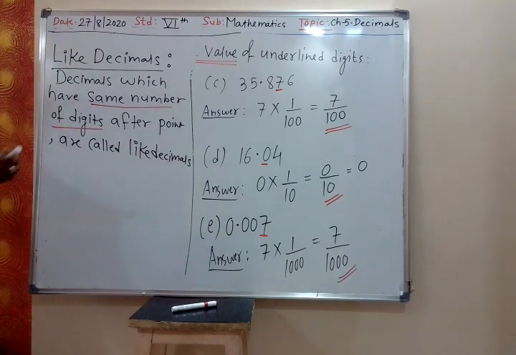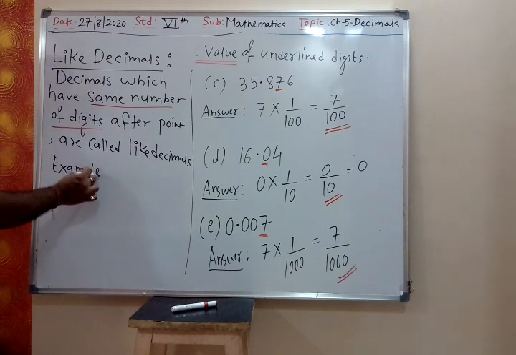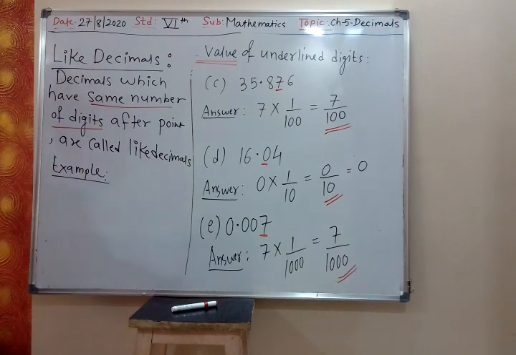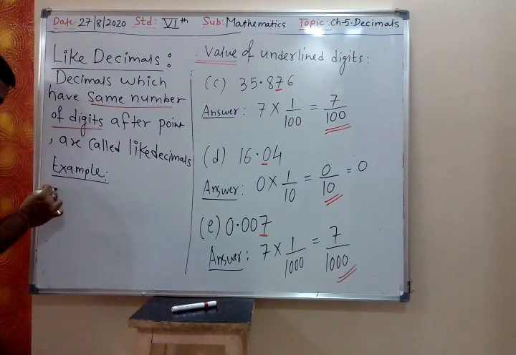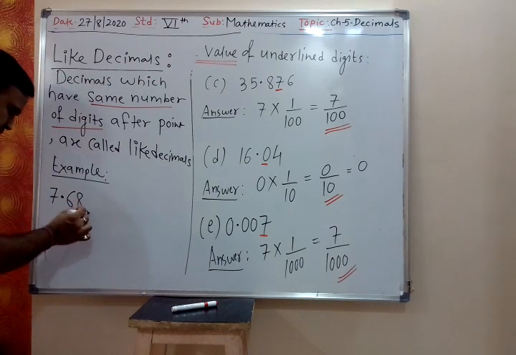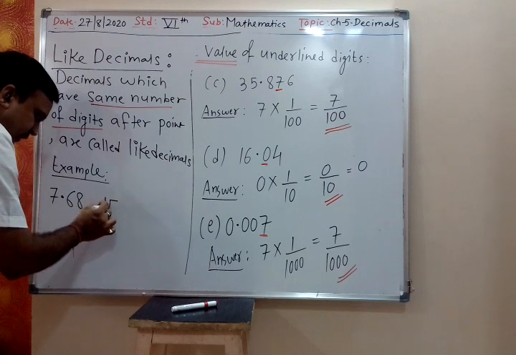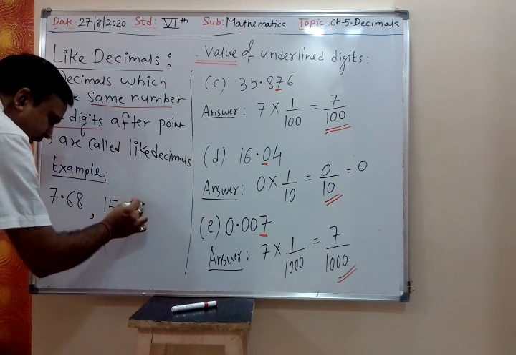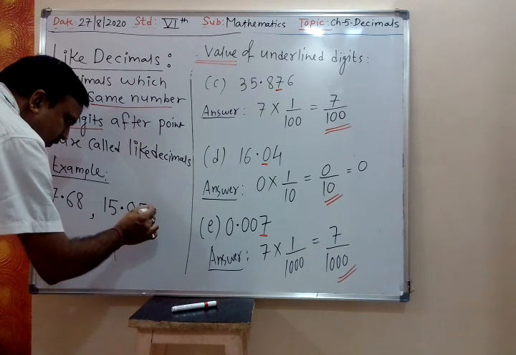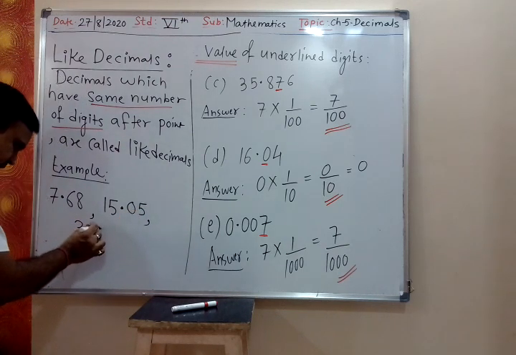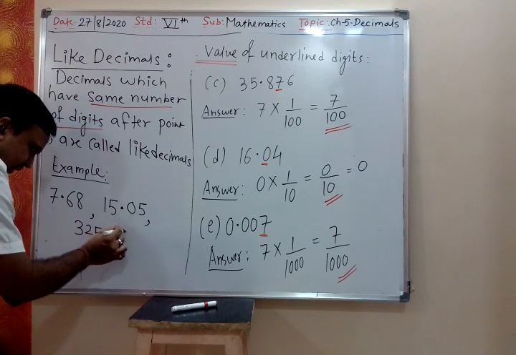After the point the number of digits should be the same. After the point we are talking. We can take the example of 7.68, then 15.05, then 325.89.